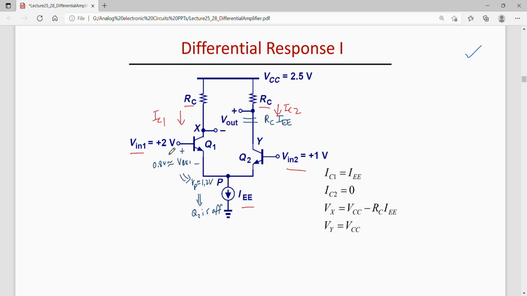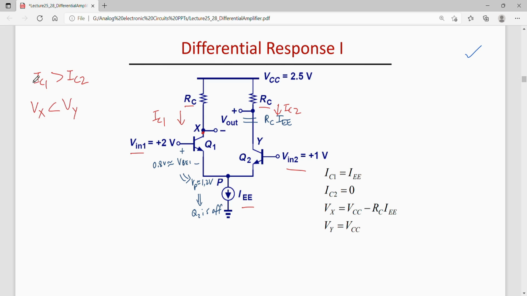So current drawn by Q1, which is IC1, will be larger than the current drawn by Q2. Which would also mean that Vx would be smaller than Vy.